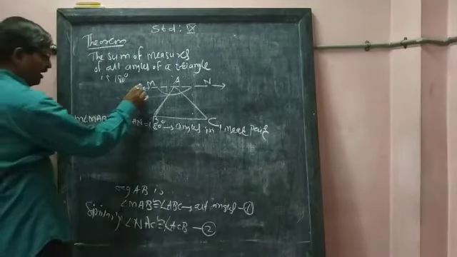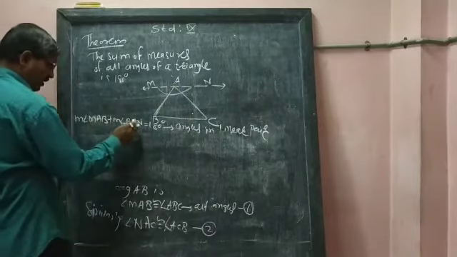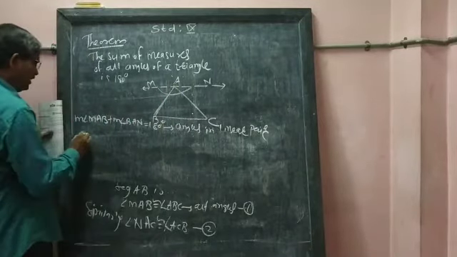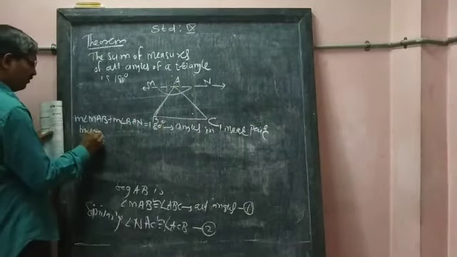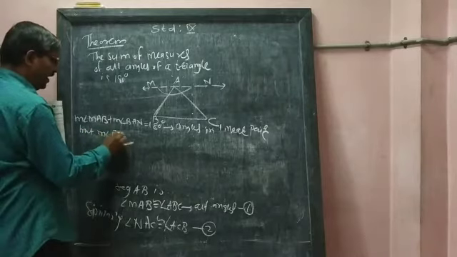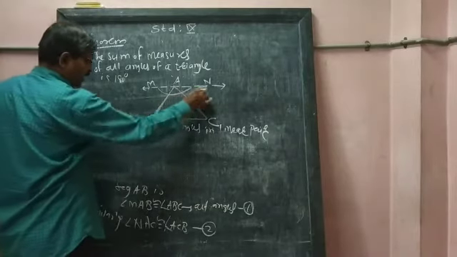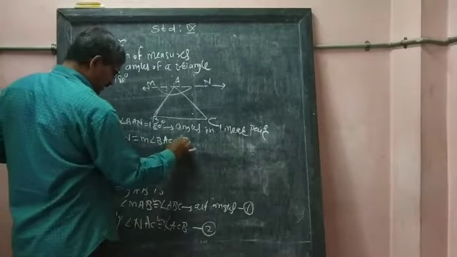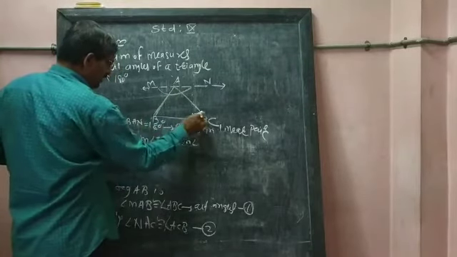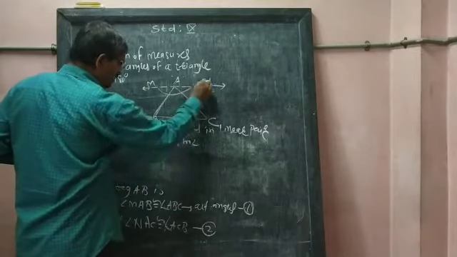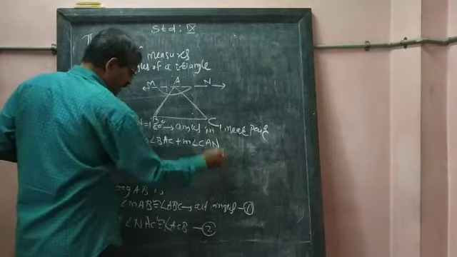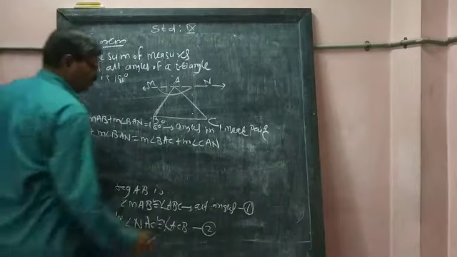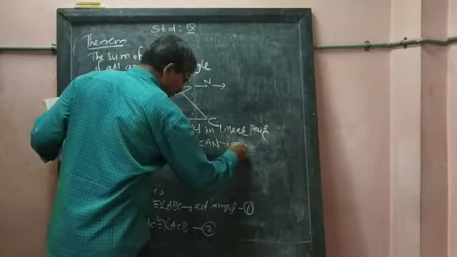Then measure of angle MAB as it is, no problem, but BAN means what? We will see. Measure of angle BAN is equal to measure of angle BAC plus measure of angle CAN. Here we will write angle addition property.